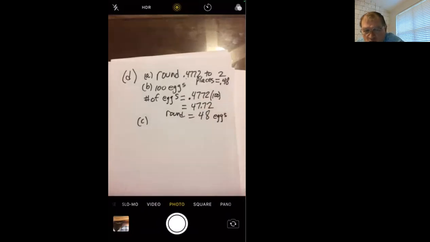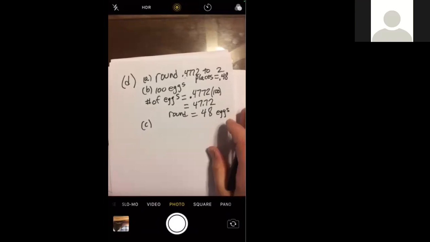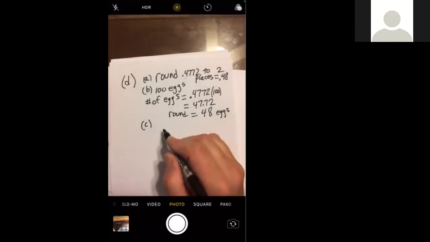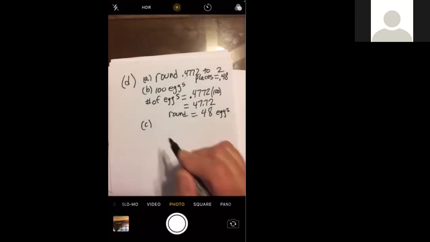I'm not quite sure what C said. I didn't get the difference from B. C says, if 100 fertilized eggs were randomly selected, dash of them will be expected to hatch between 22 and 24 days, round to the nearest integer as needed.